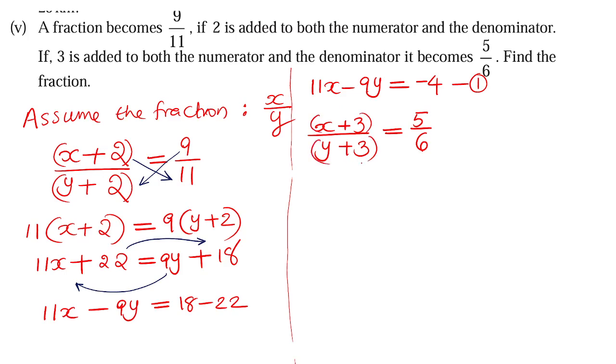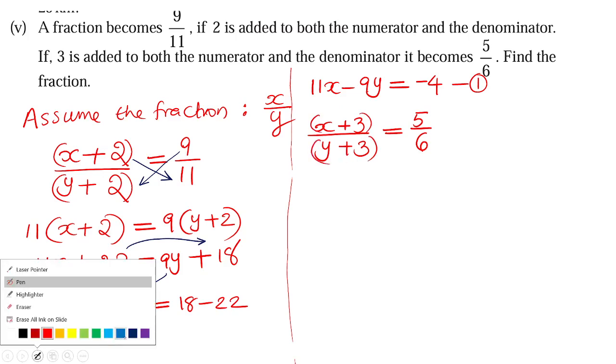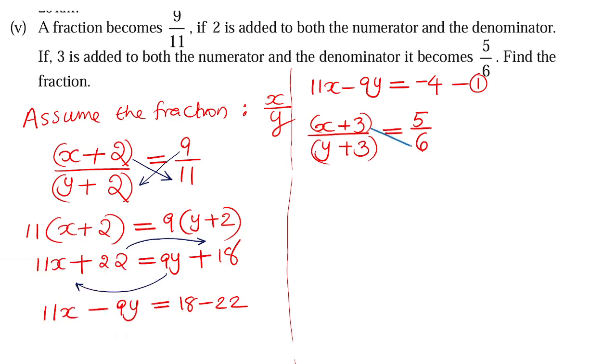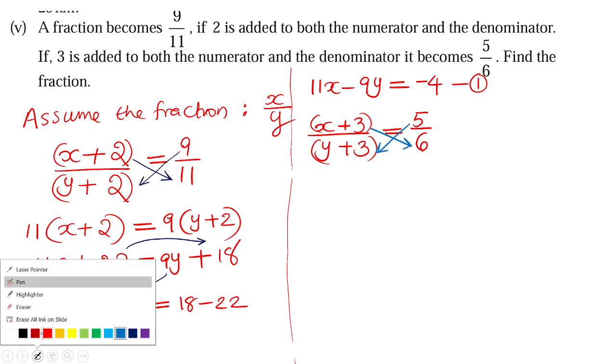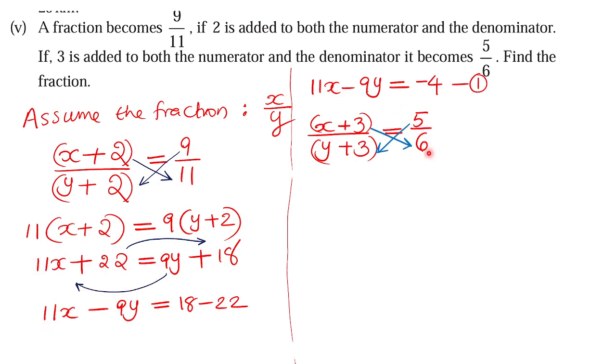I want to simplify this equation. If two fractions are equal, I can do the cross multiplication like this. Meaning that 6 into x plus 3 is equal to 5 into y plus 3.